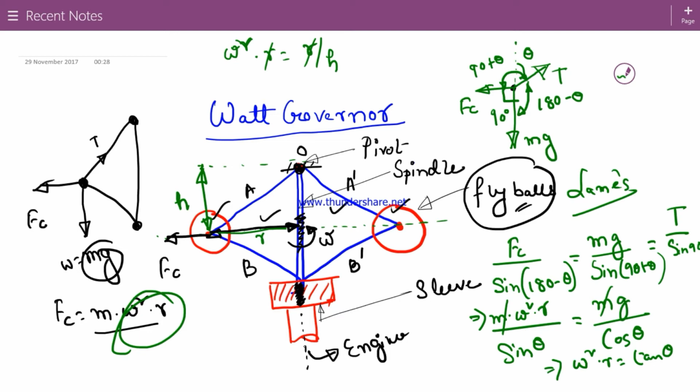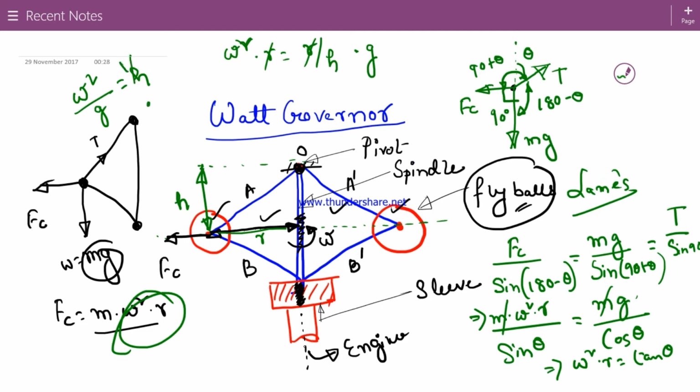With the g also there, the equation becomes omega square by g is equal to 1 by h.